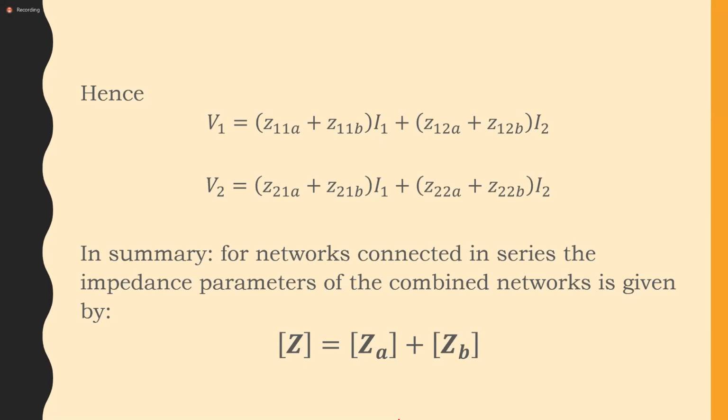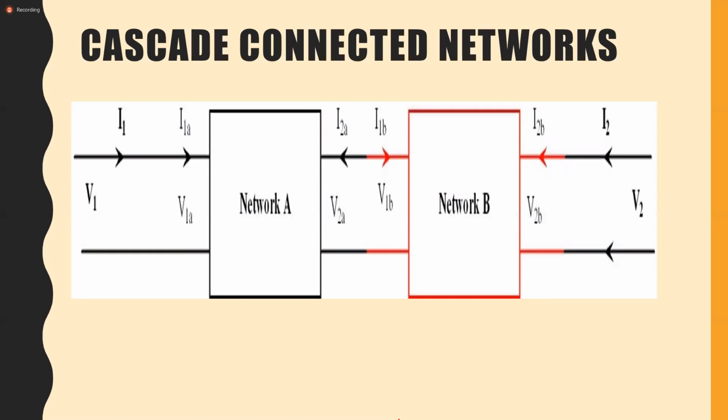Thirdly, one that we have not looked at up to this point, we refer to as cascade. And what does cascade represent? If the networks are now connected in cascade, how will that change our analysis?